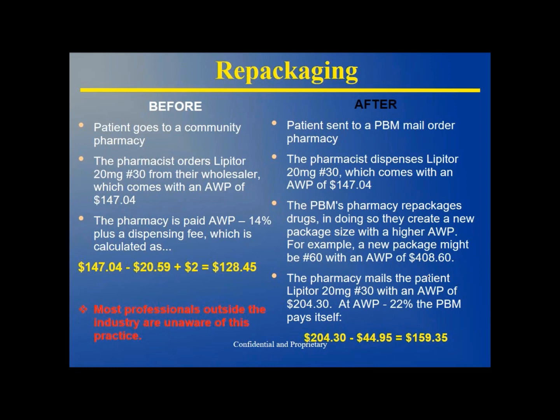In the before scenario, patient goes into the pharmacy, has a script for Lipitor. The product doesn't matter. I know it's generic. That's not the point here. But Lipitor, everyone's familiar with that product. So the pharmacy is reimbursed, adding in a dispensing fee, 14% discount, by the PBM $128.45.